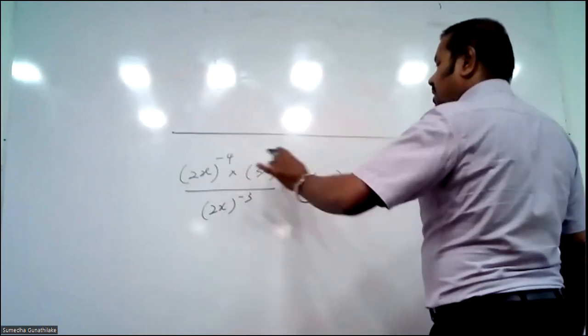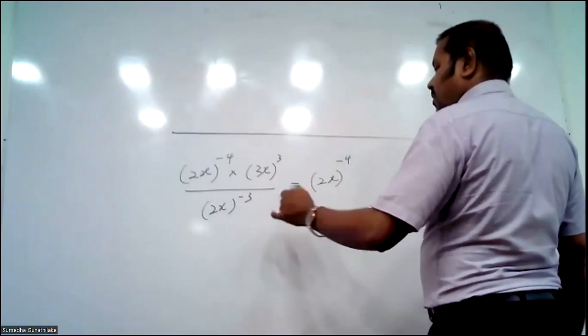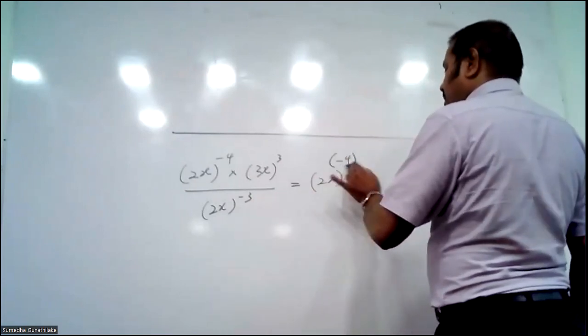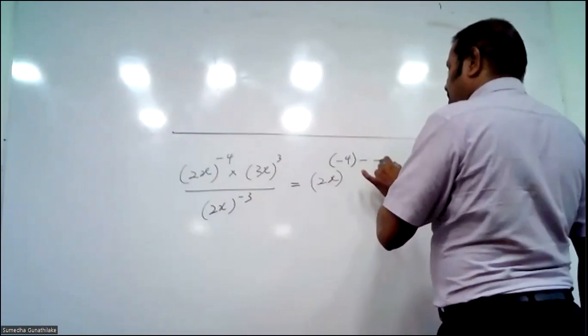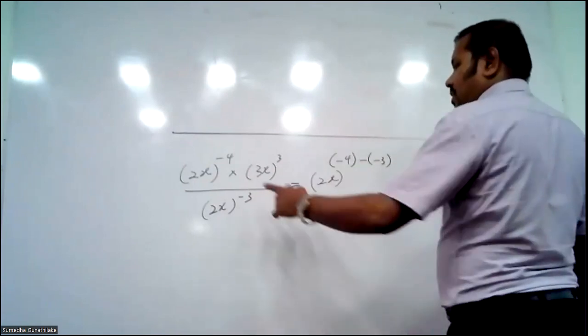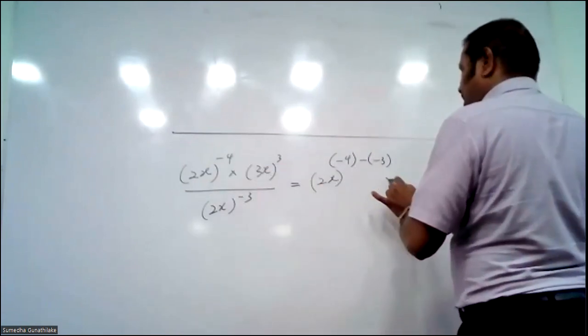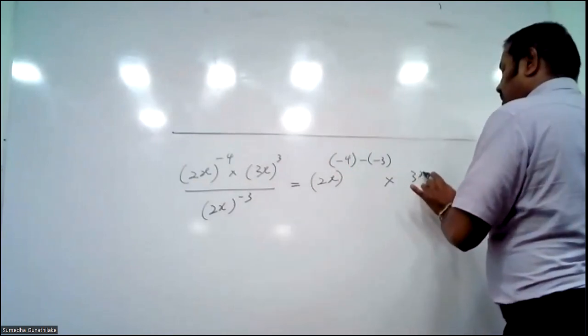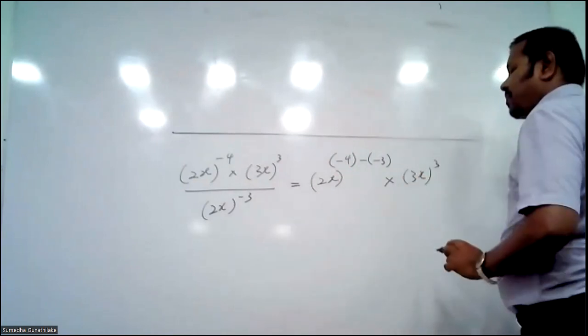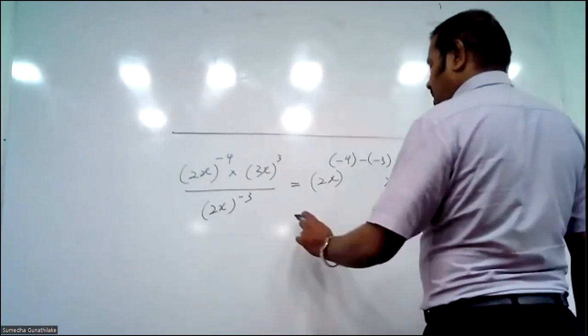2x to the power minus 4 minus 3. Minus 4 minus 3 into 3x cubed. Right?